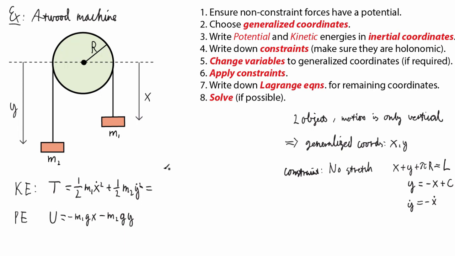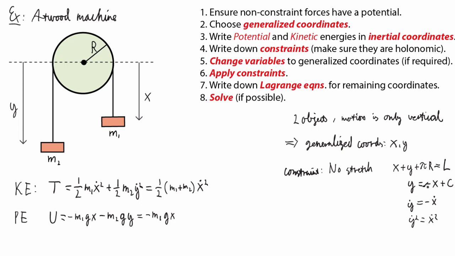So the kinetic energy now, well, if y dot is minus x dot, that means that y dot squared is x dot squared, right? So this just becomes equal to 1/2 (m1 plus m2) times x dot squared. And we're going to eliminate y from here. That's what we decided to do. So we have m1 g x.